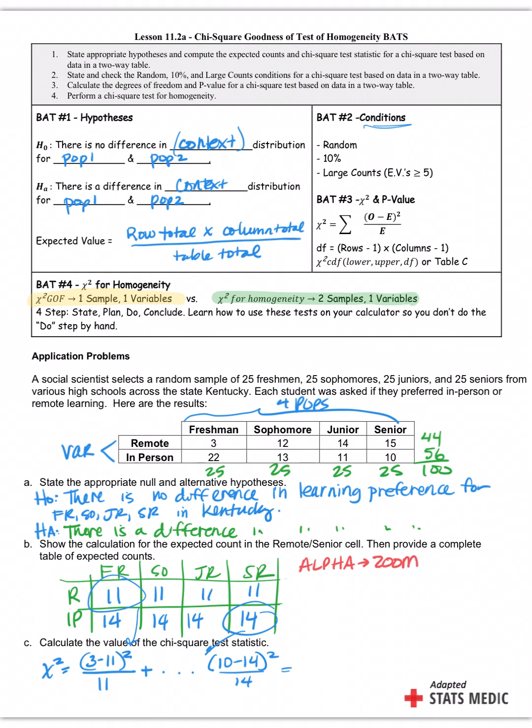It's going to ask how big a table you want. How many rows do I need? 2 rows. How many columns? 4. We're not counting the totals, so I'm going to do a 2 by 4.